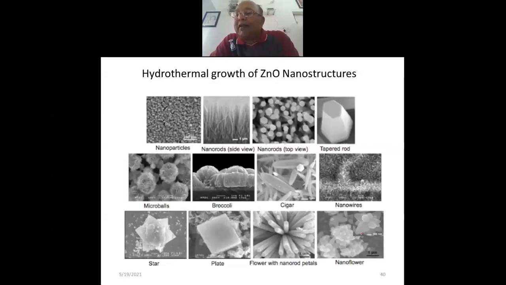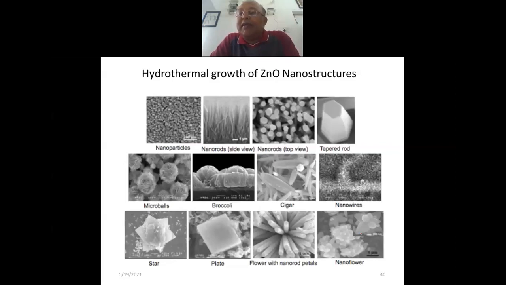All of them have the same sources. That means for zinc, I had put in zinc acetate. Some I have put in zinc nitrate also, but it's a salt of zinc. Zinc nitrate is a salt of zinc in nitric acid. Zinc acetate is a salt of zinc in acetic acid. Zinc chloride is a salt of zinc in hydrochloric acid.